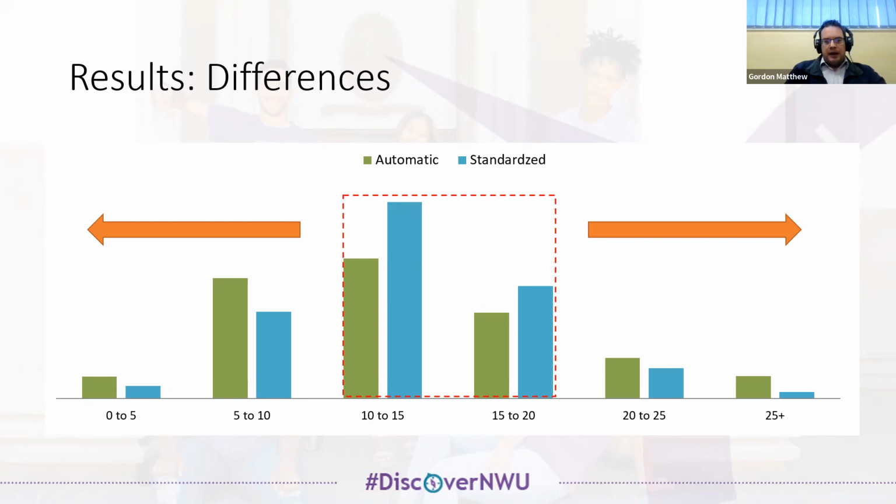So this means that for the automatic subtitles, more of the slower subtitles and more of the faster subtitles were present, which may have caused the effect of cognitive load on the participants.